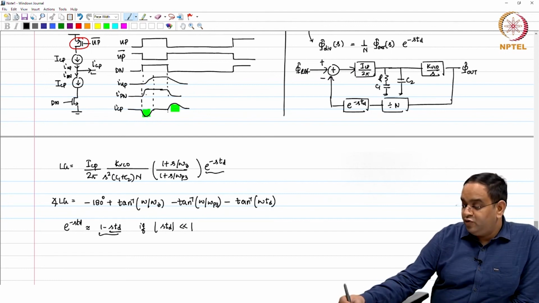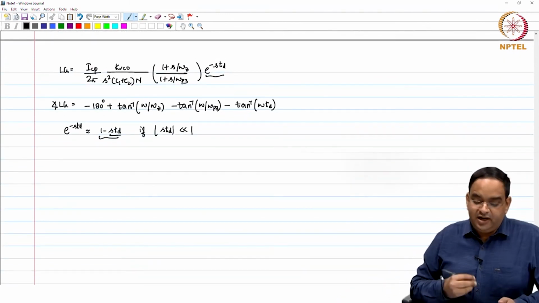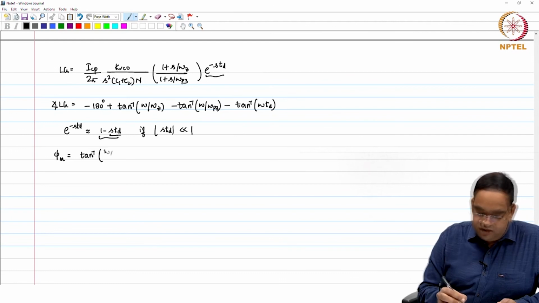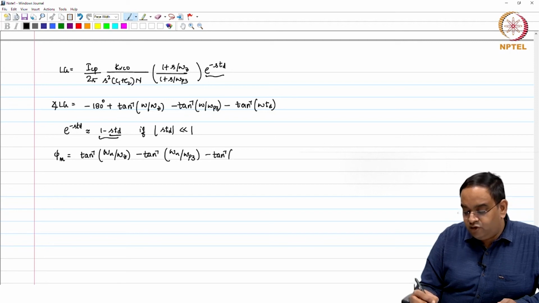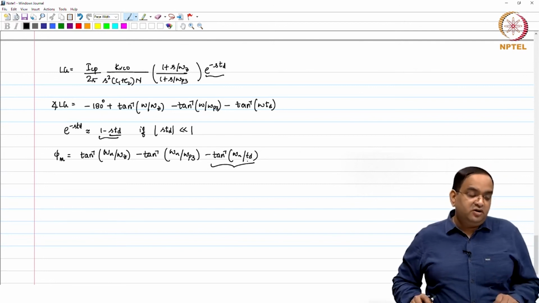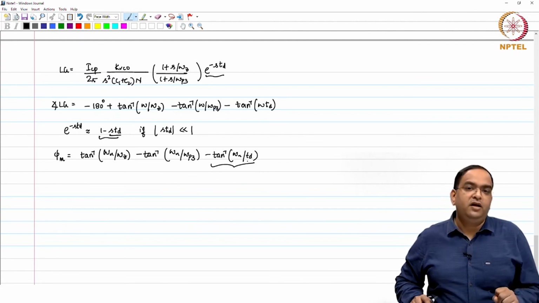Okay. If you would not have taken this delay into account and then you experience the delay later, your phase margin is going to be degraded, and that phase margin is now going to be tan inverse of omega u by omega z minus tan inverse of omega u by omega p3 minus omega u times t d. So, this is the degradation in the phase margin which you will see because of the additional delay in the PLL.